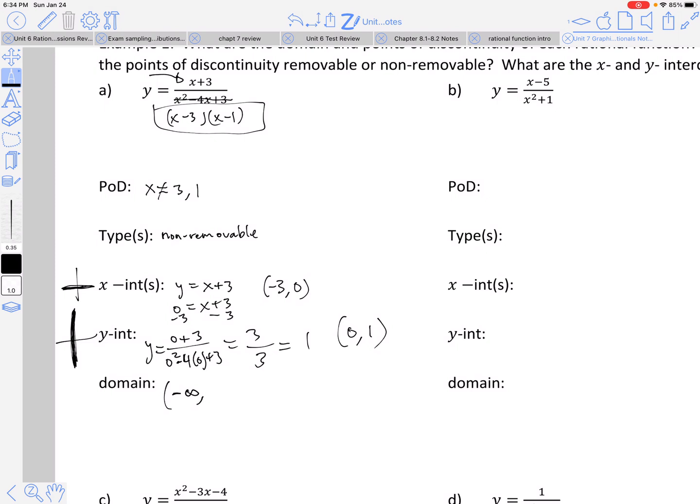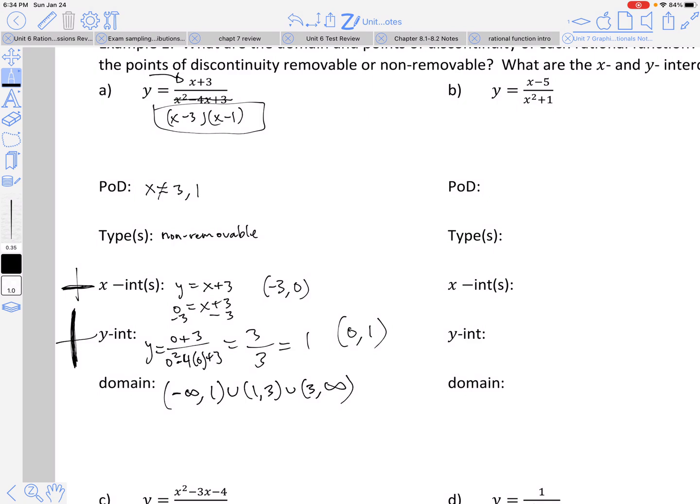Negative infinity up to 1. And I'm going to skip over 1. So this is just saying, hey, just hop on over 1, right? Go up to 3, hop on over 3, and go to infinity. So we're not including 1 or 3, as you can see there. So our domain does get a little bit crazy.